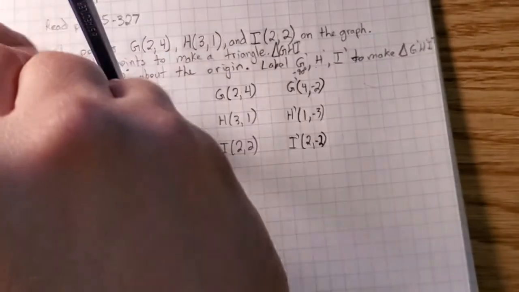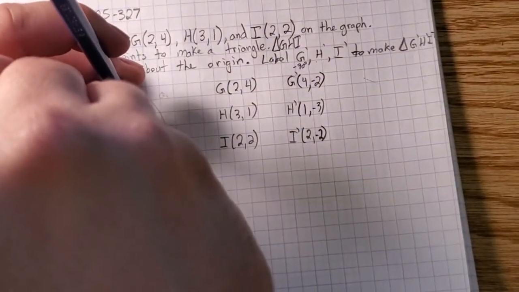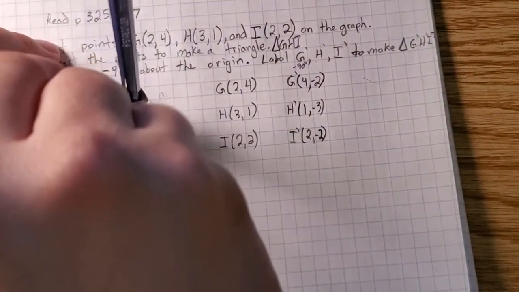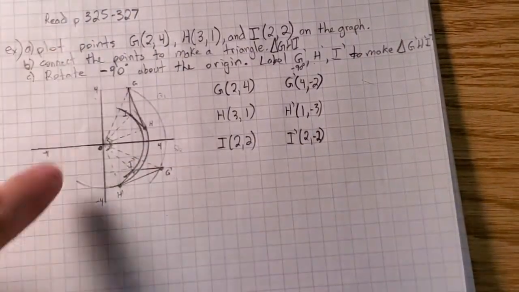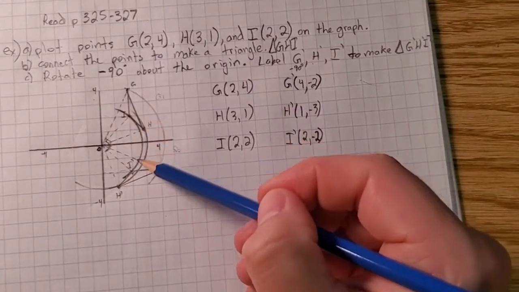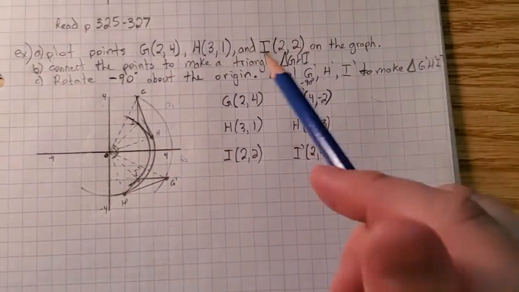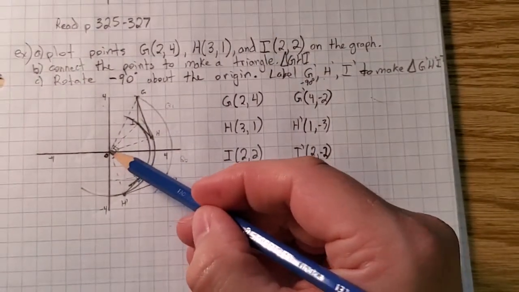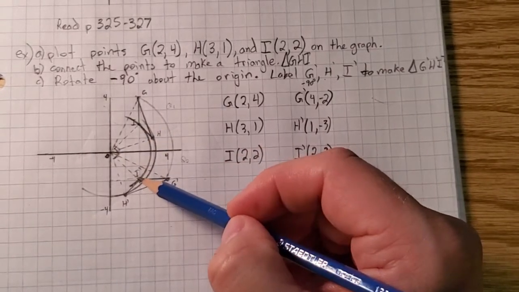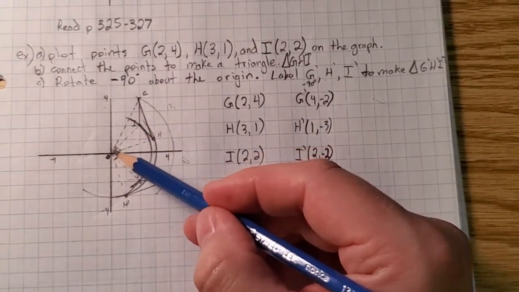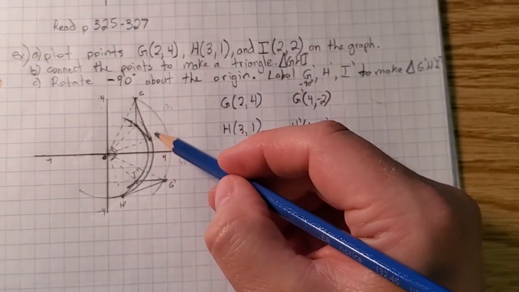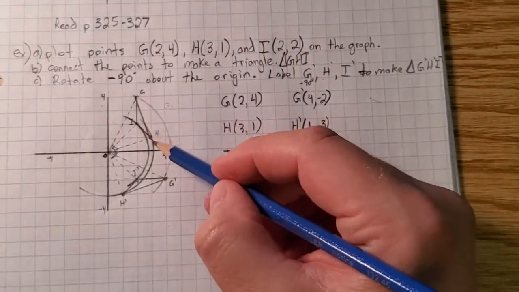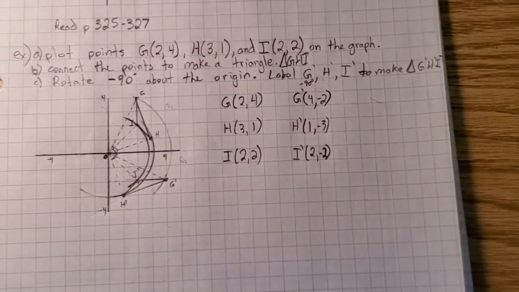If any of these don't, that means it's not a rotation. There would be some sort of translation in there or something. There was a mistake made. You'll see that I and I prime connect, okay? So when it's a rotation around a point, your I and your I prime must be the same distance from that point, and they must be on that rotation. Your G and your G prime have to be along it, and your H and H prime have to be. That's what a rotation is.